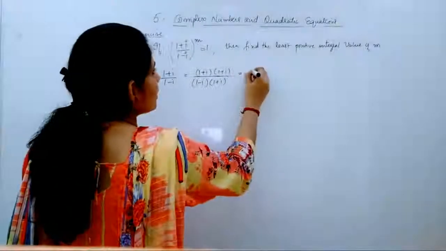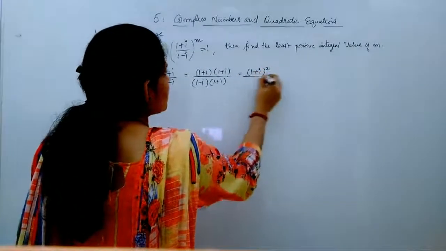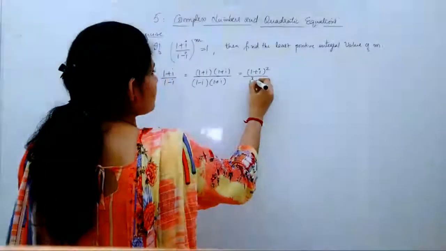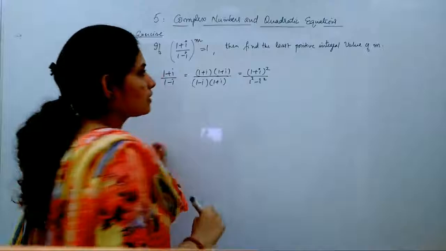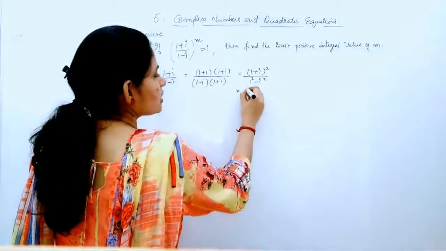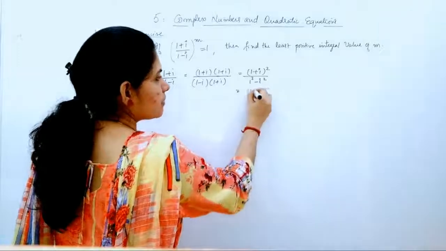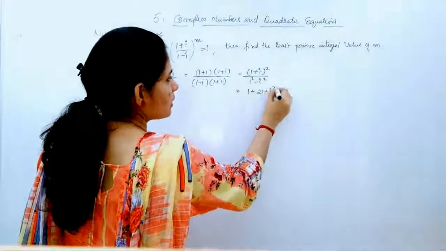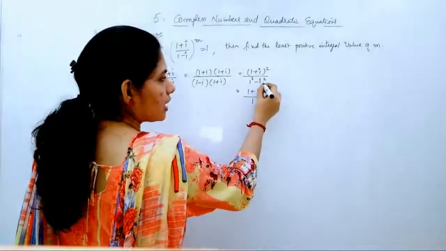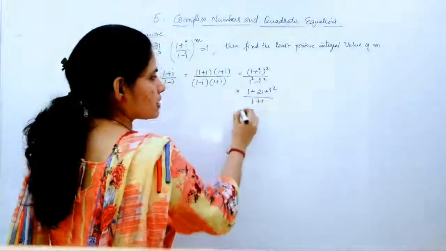So this will give you (1 + i)² divided by, this is again (a + b)(a − b), which gives 1² − i². Again expanding the numerator, this is (a + b)², so 1 + 2i + i² divided by 1, and i² is again negative 1, so the denominator becomes 1 + 1.